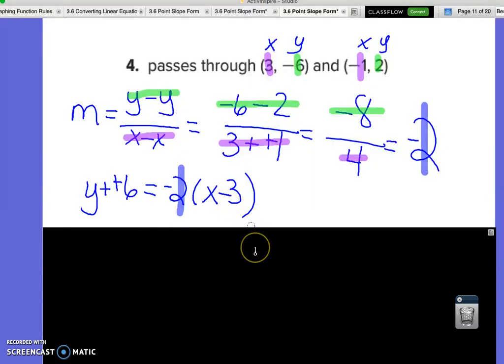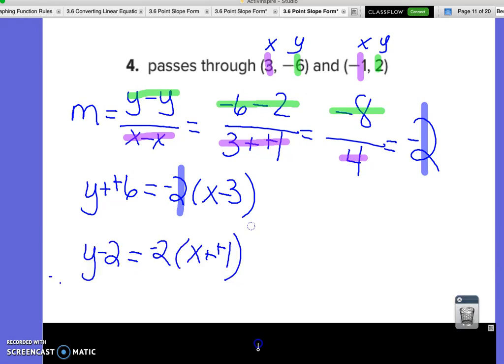My equation is written with that x minus the x point. So if my x coordinate is positive, it stays x minus 3. I then wrote it here with the other point. So the -2 still goes here, but with this point, x minus a -1 becomes plus, and then y minus 2.